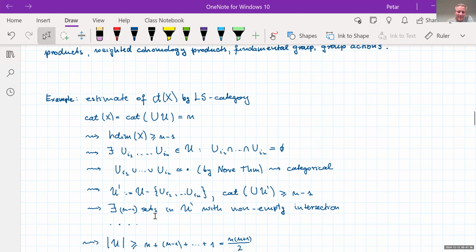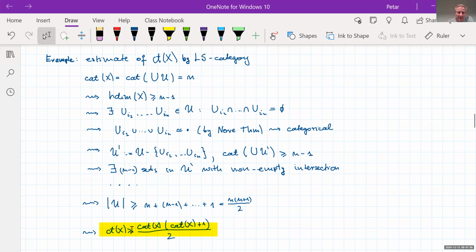So you can find n minus 1 sets with non-empty intersection, and then you repeat the argument. Their intersection is non-empty, their union must be contractible. It is categorical. You remove them and continue this. And eventually you get this sum, which gives you this estimate that the covering type of X is at least this quadratic expression in the category of the space.